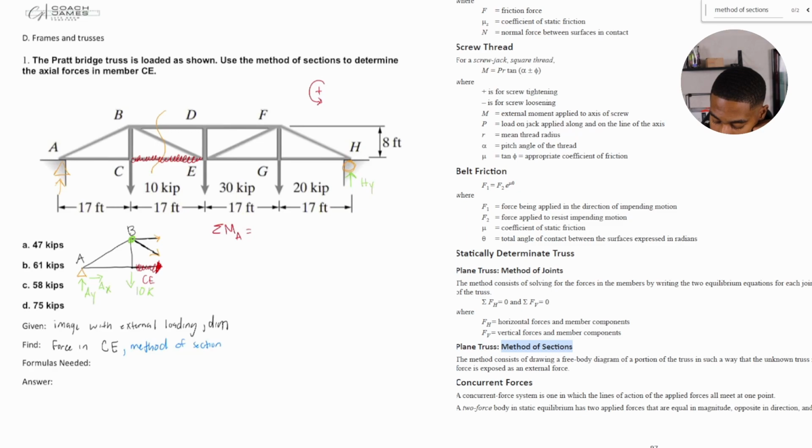So in this case, if I pull this down and around, that's going to be a negative, right? It's going clockwise. So negative 10 kips times, what's the distance? It's the perpendicular distance to A, 17 feet.